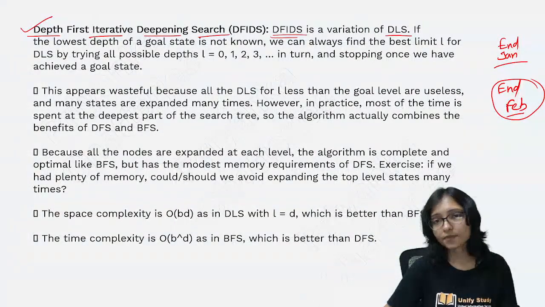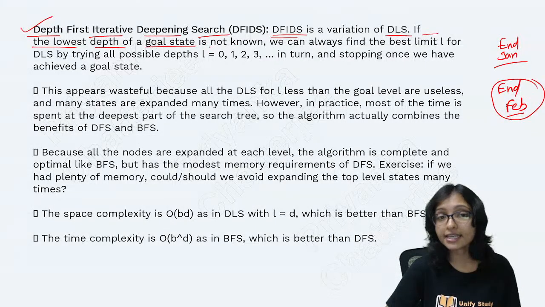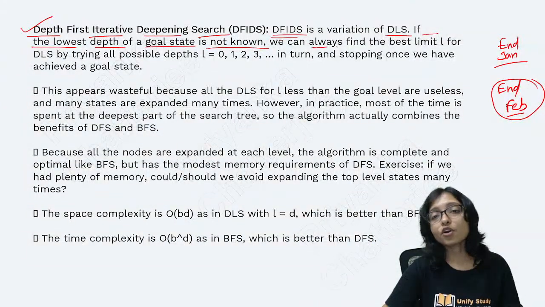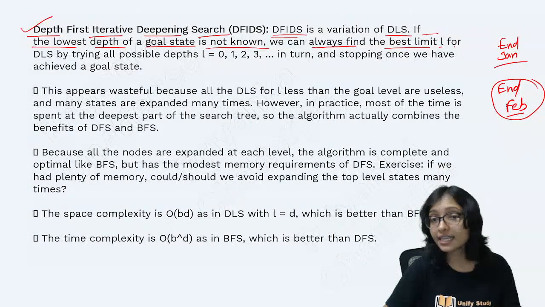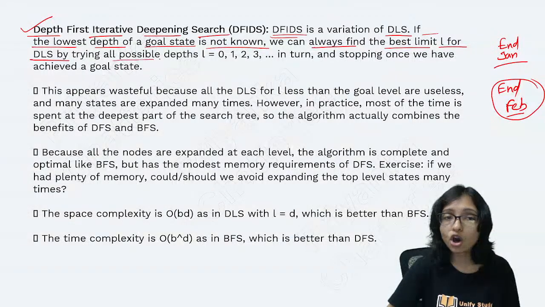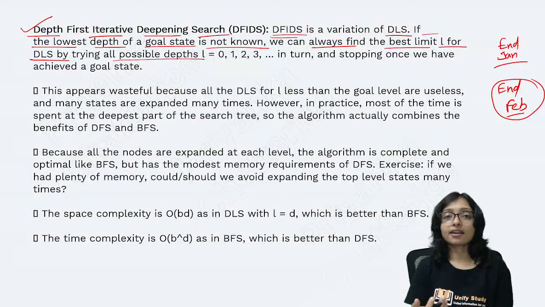So if the lowest depth of the goal state is not known, then we can always find the best limit L for the DLS by trying all possible depths.